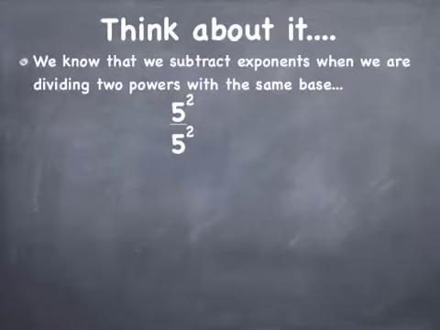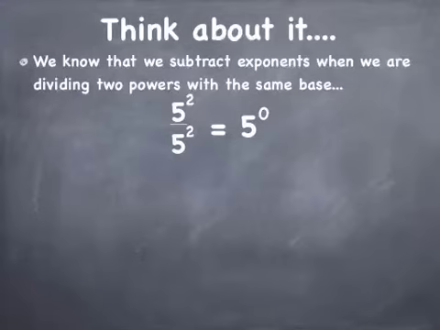Let's take a second to think about that. We know that we subtract exponents when we are dividing two powers with the same base. So if we had 5 squared divided by 5 squared, we would leave 5 alone and subtract the exponents because we're dividing. 2 minus 2 is 0. So 5 squared divided by 5 squared is equal to 5 to the 0 power.